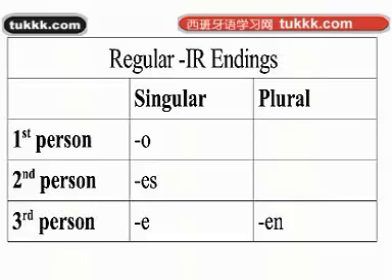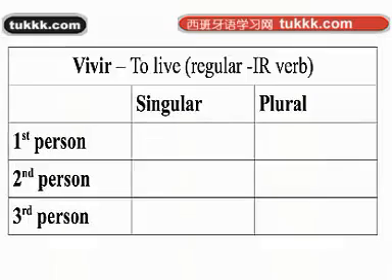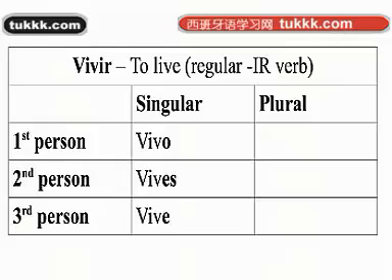And then last, you have en. So with our verb vivir, that gives us vivo, I live, vives, you live, vive, he or she lives, or you formal live. And let's skip nosotros and vosotros. Viven, they live, or you live.